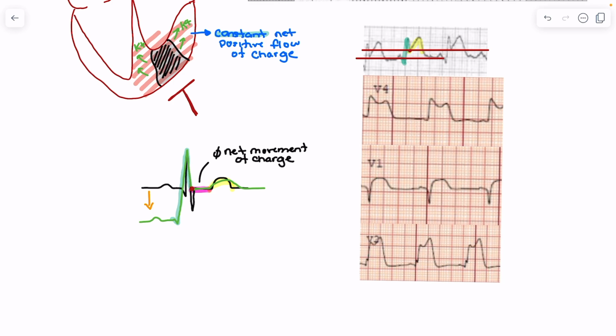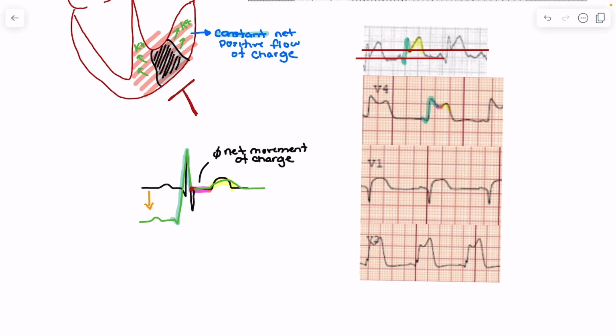So using V4R or V4 here, what we can see is, again, a QRS complex that has a small negative deflection, followed by a positive deflection, and here a period of time where we have a negative deflection and it's going to head into our T wave. Again, because we have a very short rest period, that rest period would basically be at the bottom of this little valley here before we start to see the T wave come in.